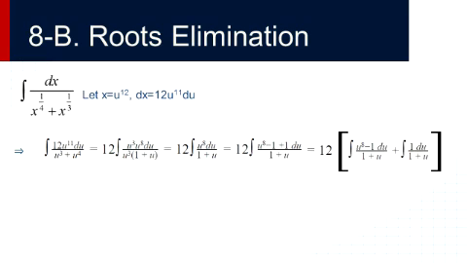If we add 1 and subtract 1 on the top, we can split this integral into two parts. We'll get 12 multiplied by the integral of u raised to the power of 8 minus 1 over 1 plus u du plus the integral of 1 over 1 plus u du.